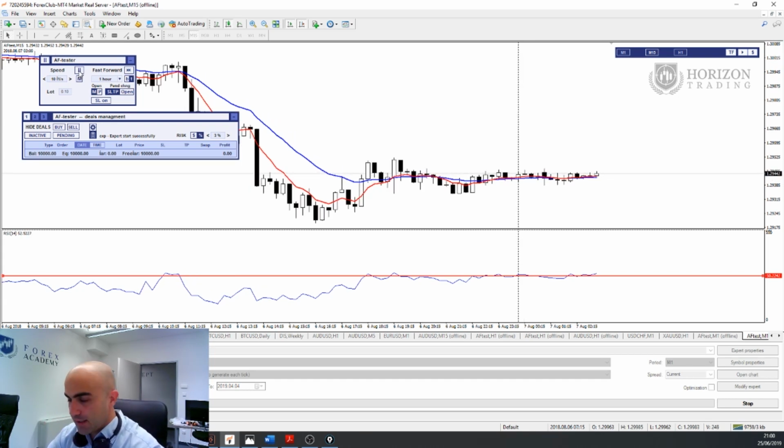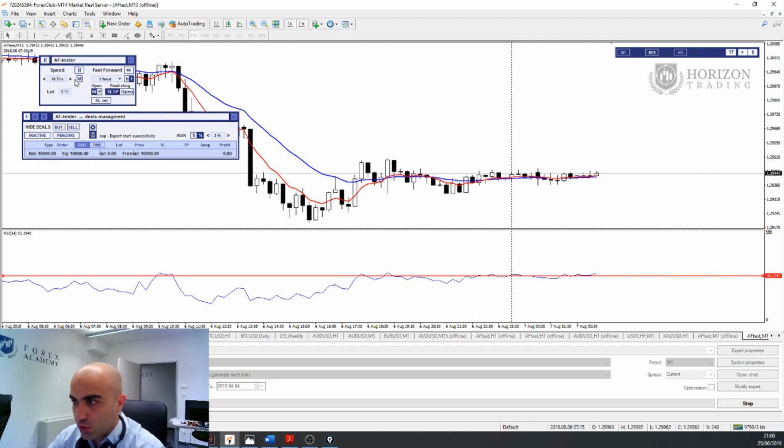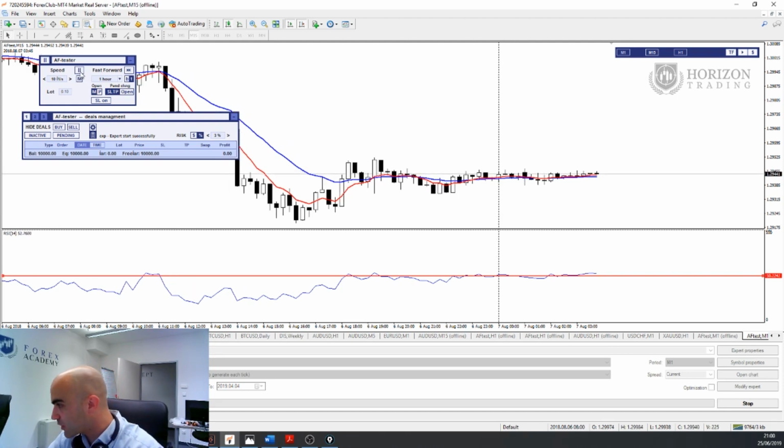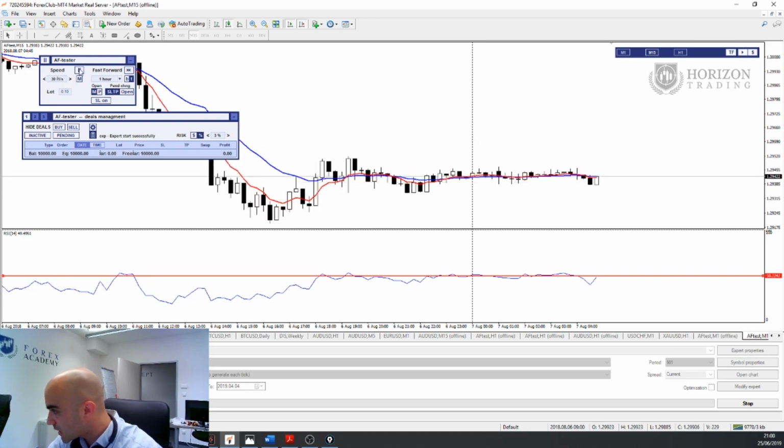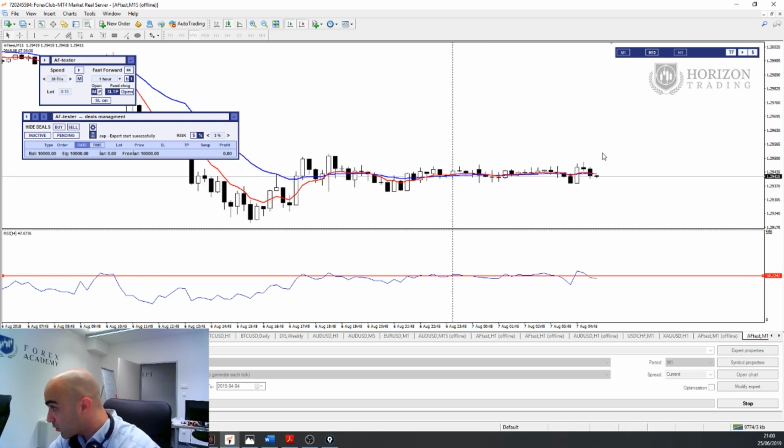Well, here, as I told you, we need to check for divergence and convergence. Maybe we can speed up the process a little bit. Here you can see already that something is going on, because there is a candlestick that opened just below the blue one and closes above.